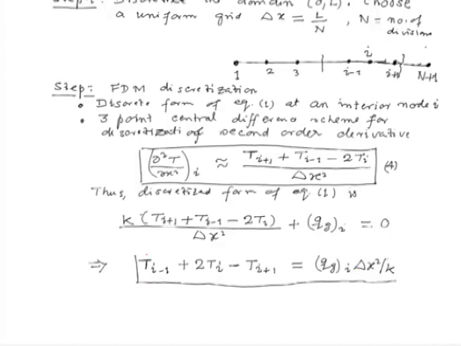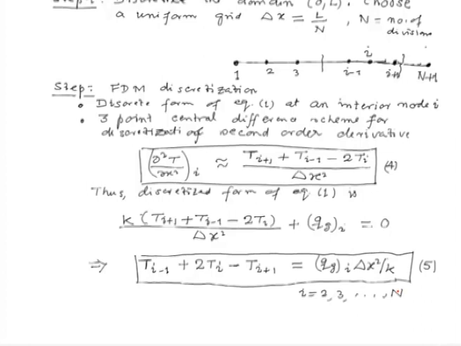So, this equation holds good for all nodes i is equal to 2, 3 up to n. So, this is a discrete form of our governing equation which has been obtained using central difference scheme.